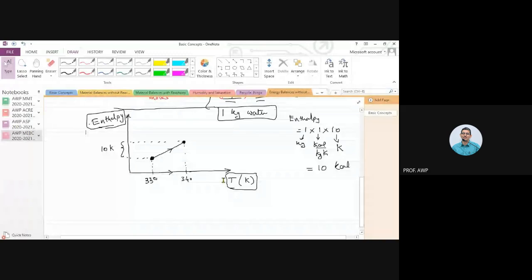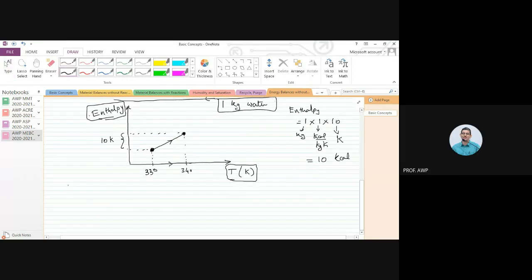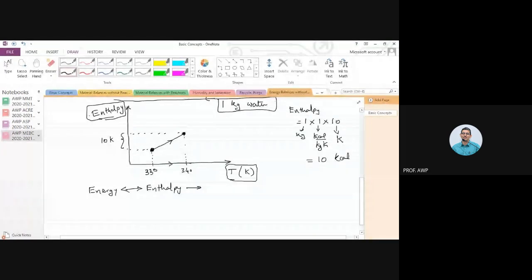Shall we go forward? What is the difference between enthalpy and energy, or heat? We have used these terms interchangeably: energy, enthalpy, heat.